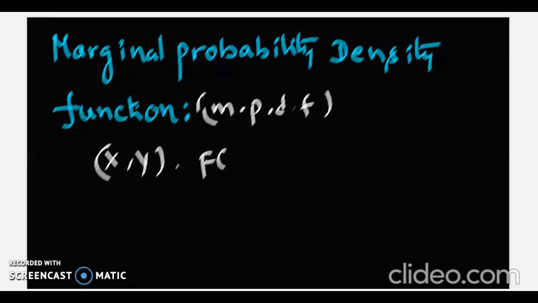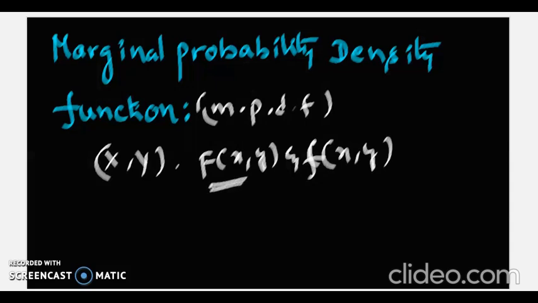Capital F of x comma y is the distribution function, and small f of x comma y is the joint probability density function.